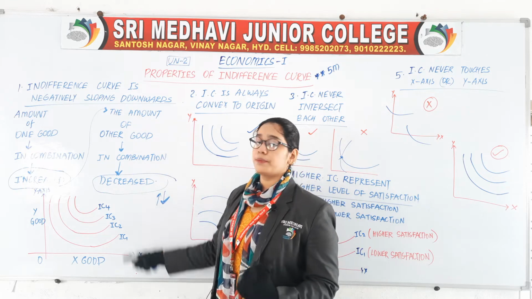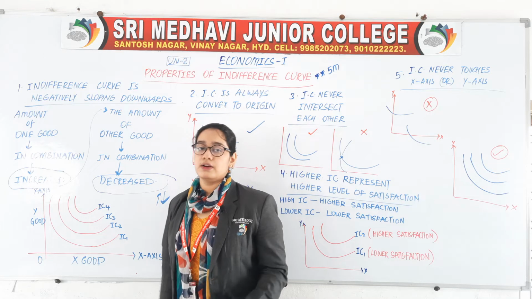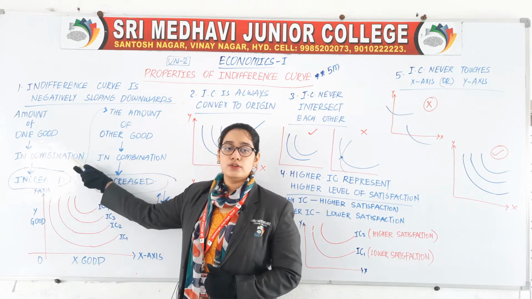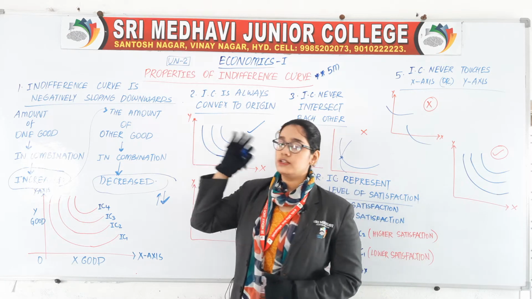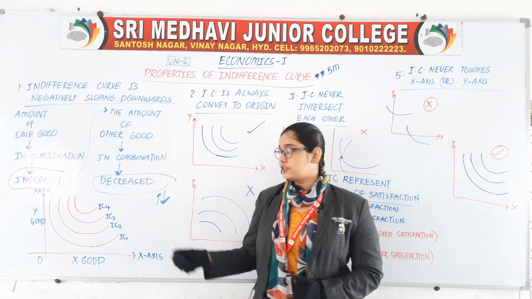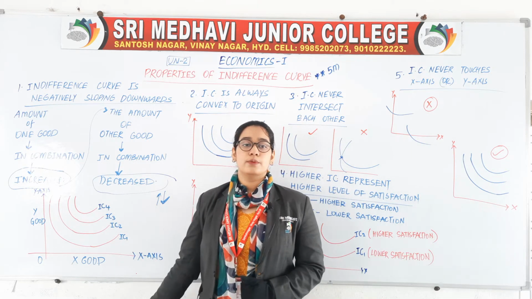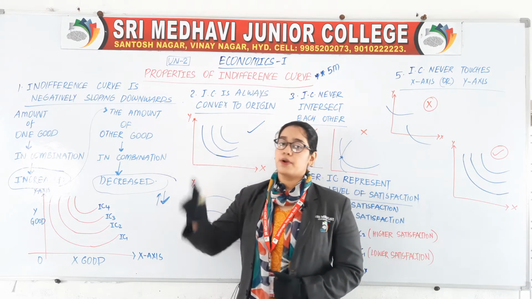So the first property of indifference curve is it is negatively sloping downward, because if the amount of one good in combination is increased, then the amount of other good in combination is decreased. The slope is negatively sloping from left to right. This is the first property.